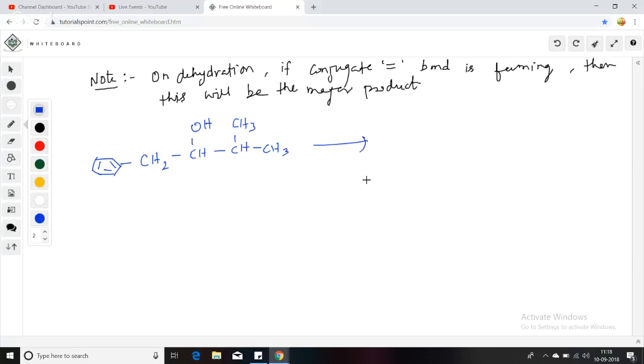In this, if the reaction takes place, the reversible reaction with concentrated H plus, then what will the product be?